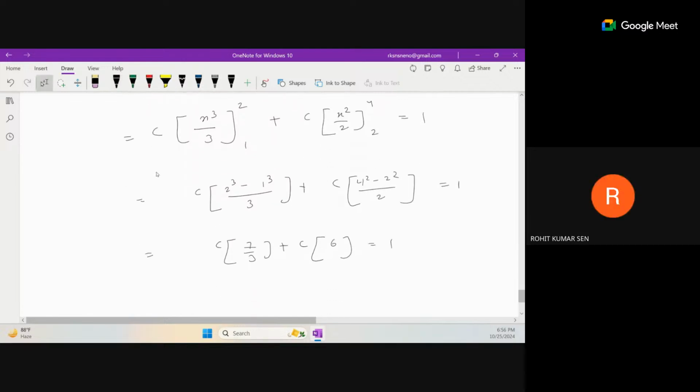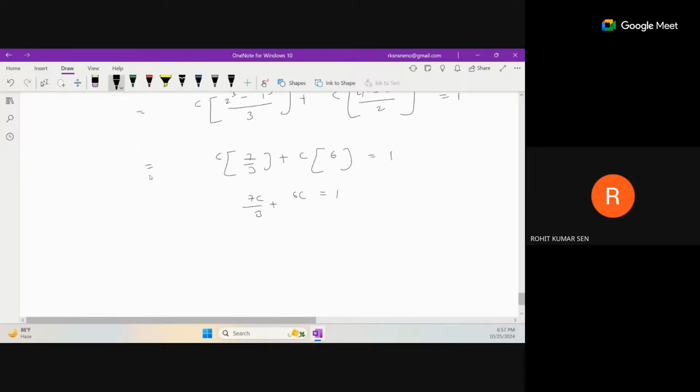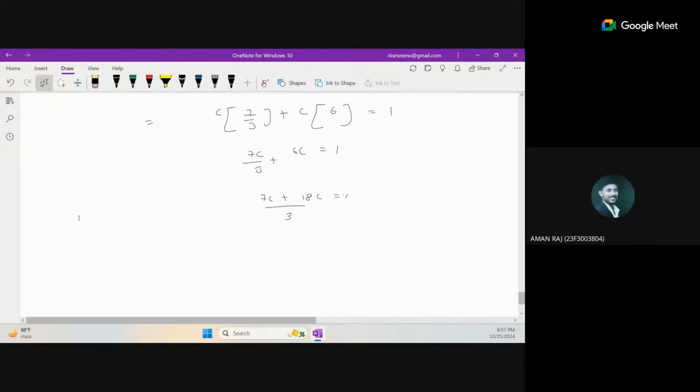It is equal to 1. So 7c by 3 plus 6c is 1. So 7c plus 18c is 1 by 3. 18 plus 7 is 25. 25c equals 3, so c equals 3 by 25. Is there any mistake in the calculation?